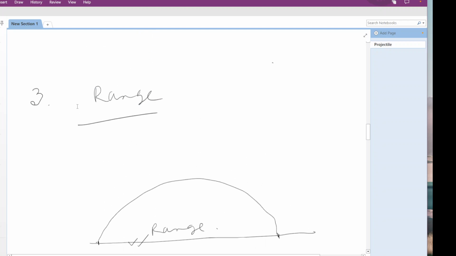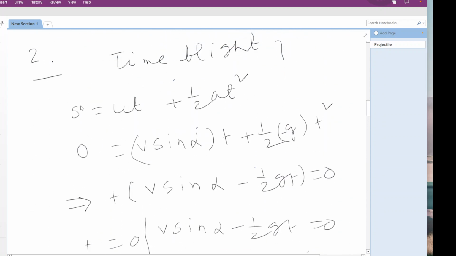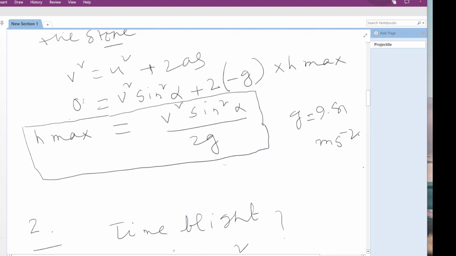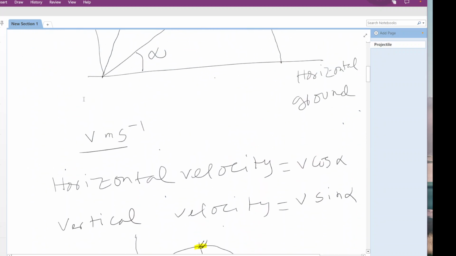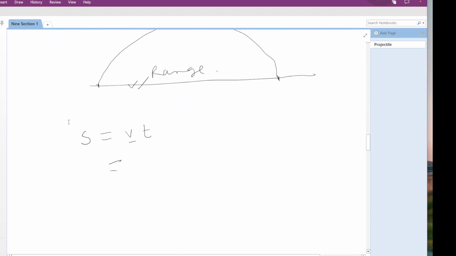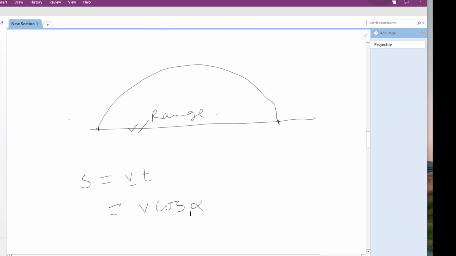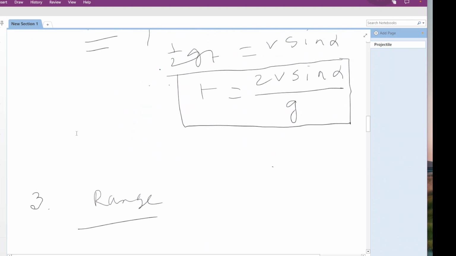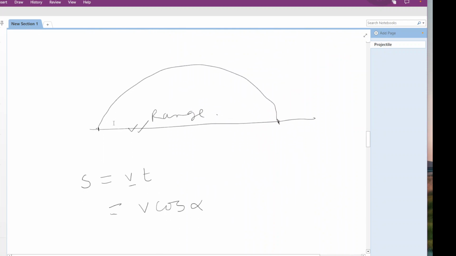Here v is replaced by v cos alpha and t is 2v sin alpha by g.